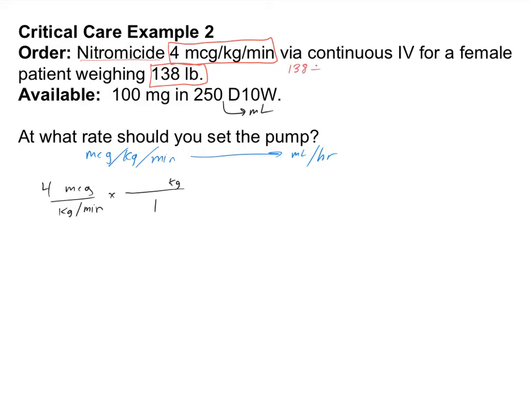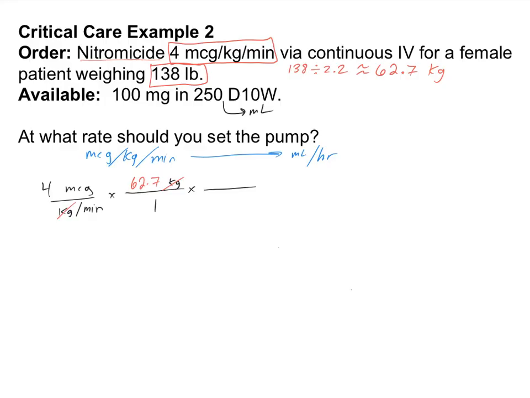So I will divide by 2.2, and I'm going to round to the tenths place. So when I take 138, divide it by 2.2, I get approximately, if we round to the tenths place, 62.7 kilograms. So that's going to be what I multiply by. And if I multiply by 62.7, kilograms will cancel.